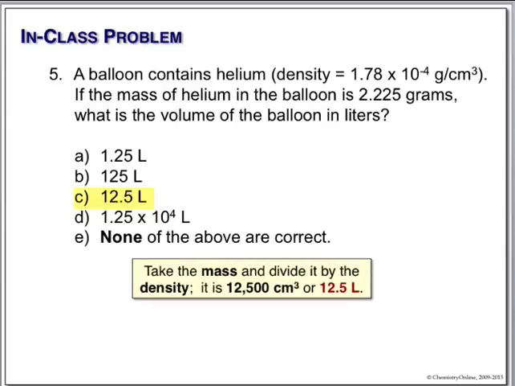Take the mass divided by the density, comes out to be 12,500 cubic centimeters. Remember, a cubic centimeter is the same as a milliliter, so divided by 1,000, we get 12.5 liters. Let's do one more.